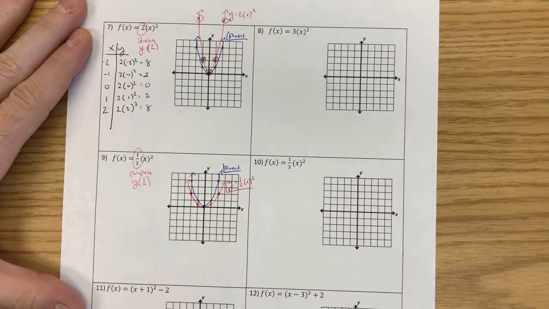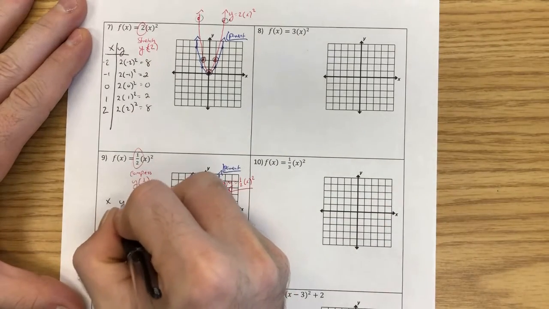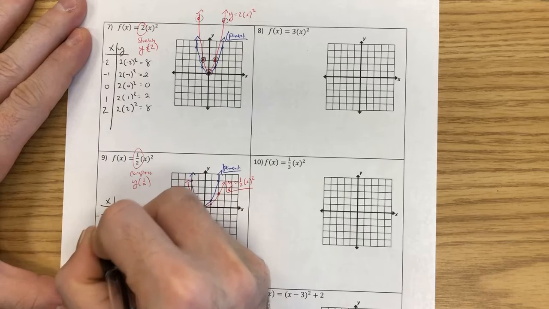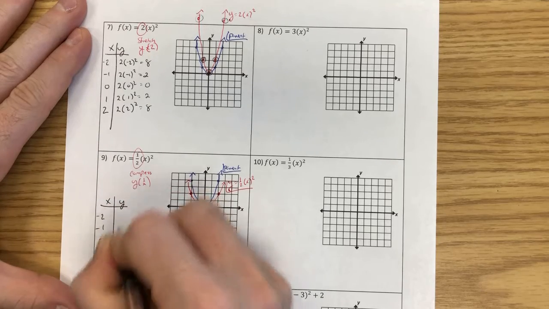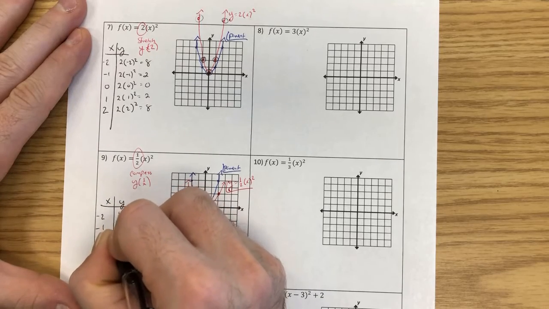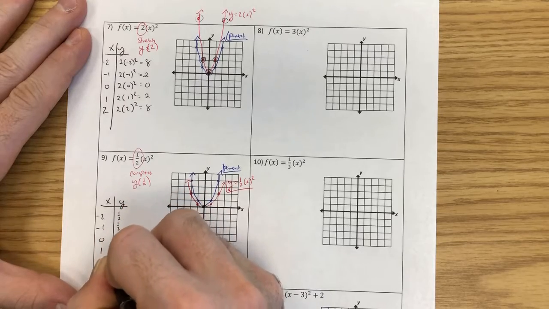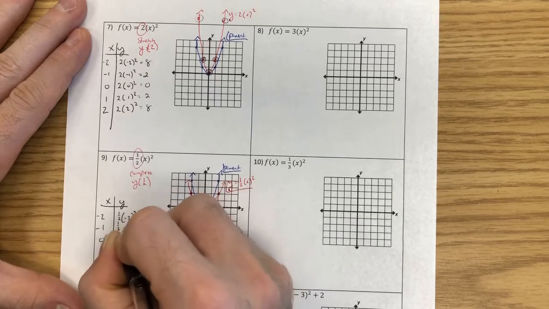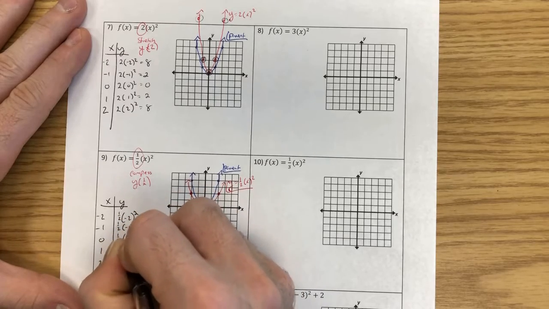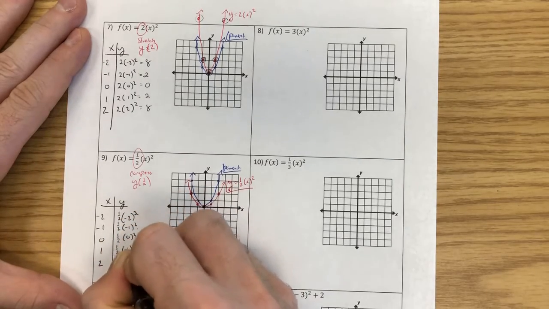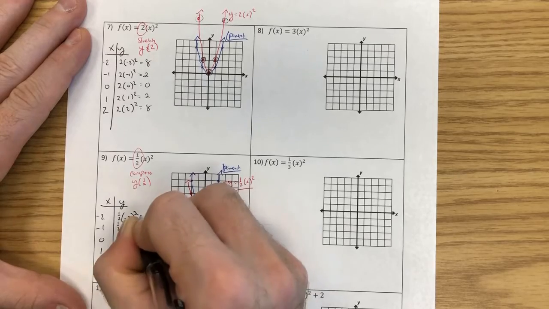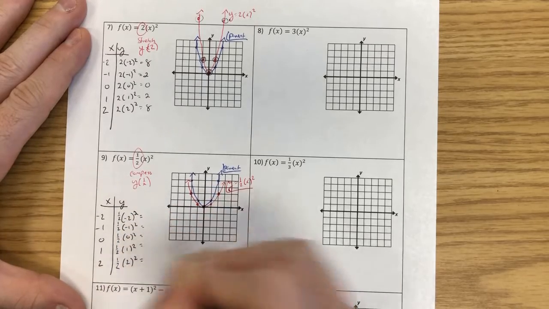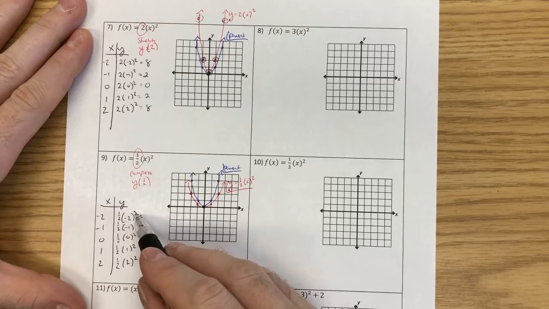So let's see how good we were by checking our work. -2, -1, 0, 1, and 2. So I'm going to take 1/2 times each one of these squared: -2 squared, -1 squared, 0 squared, 1 squared, and 2 squared. We know -2 squared is 4.